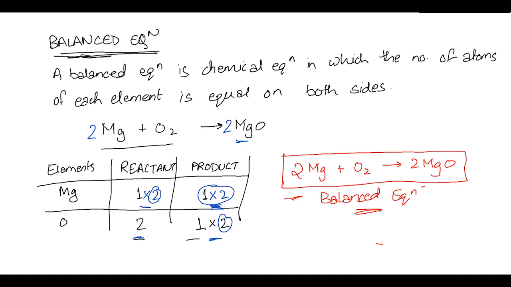Now one more important thing that we are missing is that when we write any chemical reaction, like suppose let's take the reaction that we are working on, 2 Mg plus O2 gives out 2 MgO. Now what we missed is, along with this we write the state in which it is present. As we see the reaction, you have an example activity in your book.